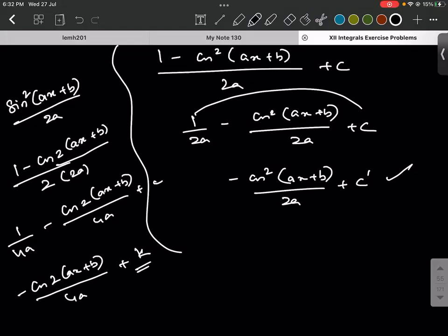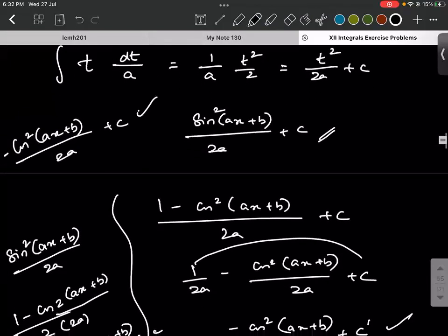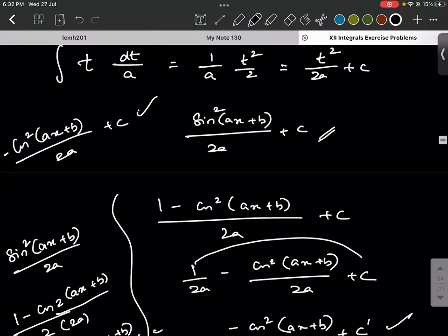There are multiple answers for the same question which is based on trigonometry. This is the best problem where you can see the difference. You can ask me which answer you should write. Actually, all of these answers are correct, and you should get marks.